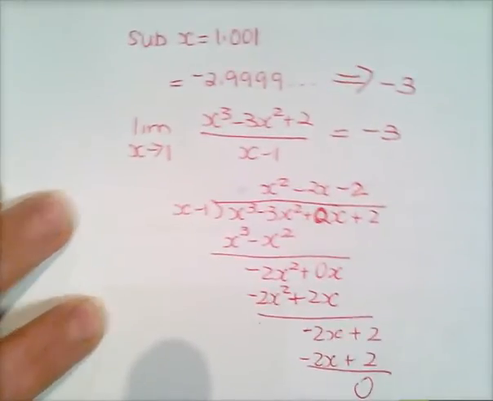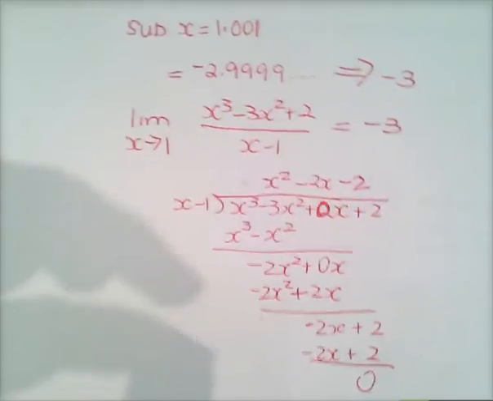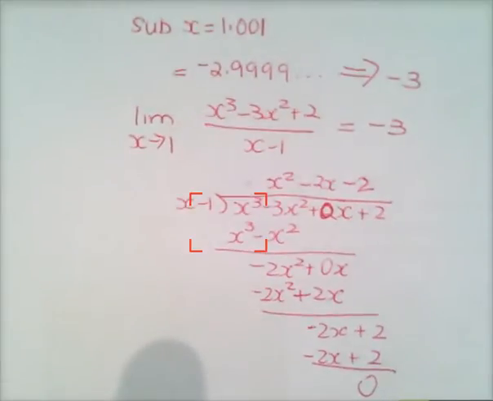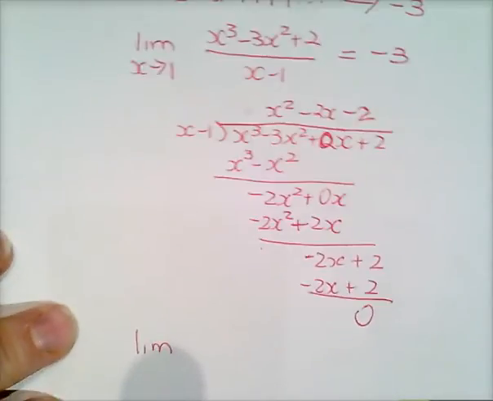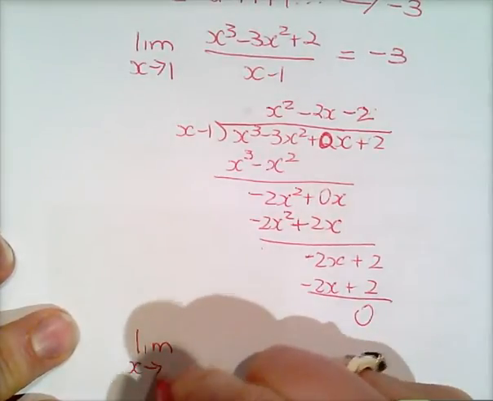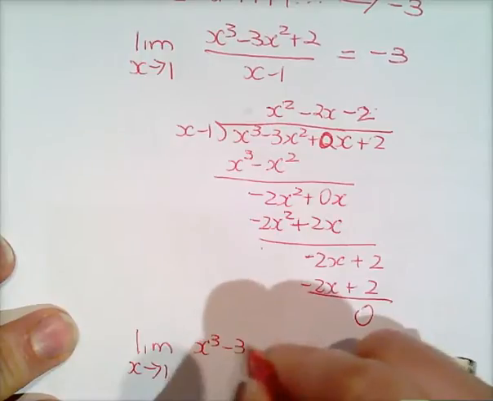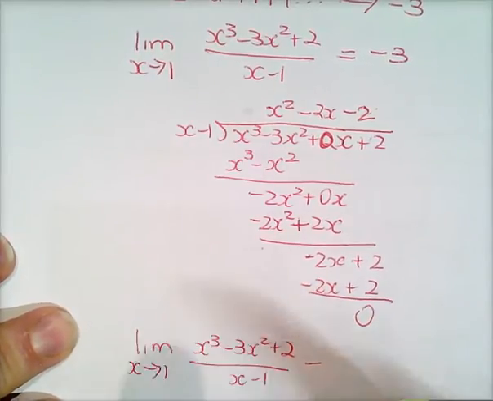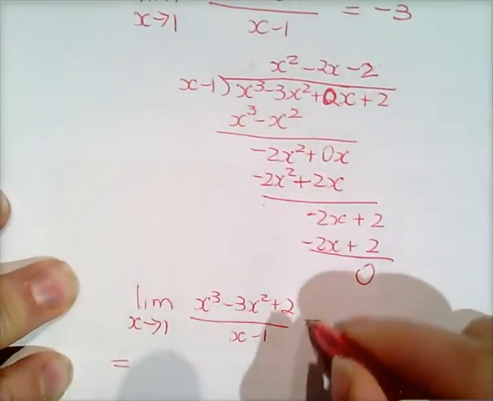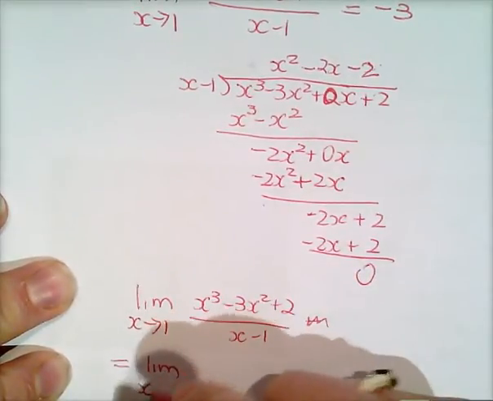And so therefore, we can now have a look at our question, which was, and I'll just write it down here again, the limit as x approaches 1 for this function, x cubed minus 3x squared plus 2 over x minus 1, is the same as doing the limit as x approaches 1.